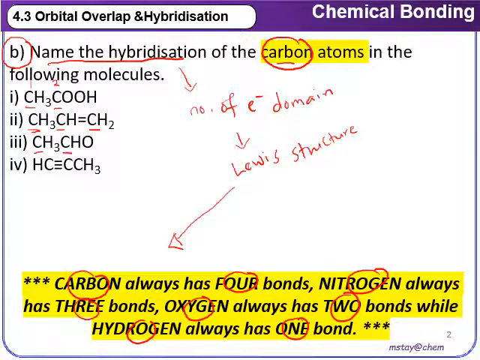So all the underlined carbons are considered central atoms, and each molecule here has more than 1 central atom. So it is not advised to use the method that we learned in 4.1 because it will take more time compared to applying these simple tips.